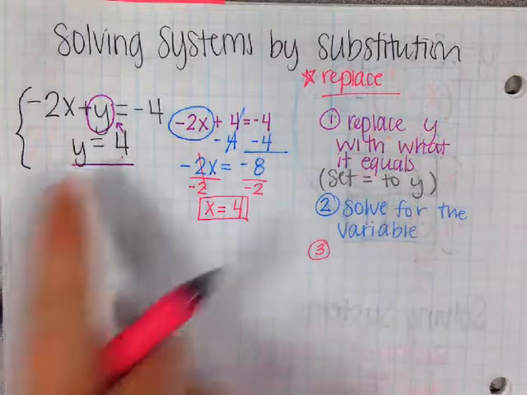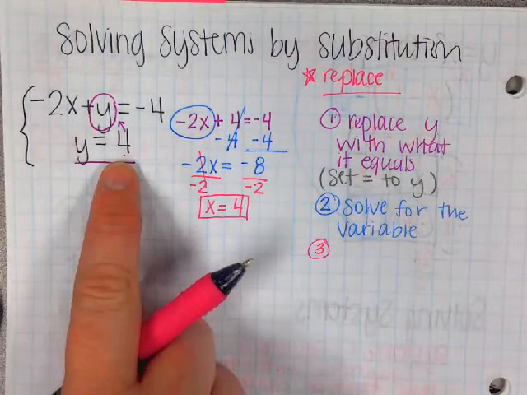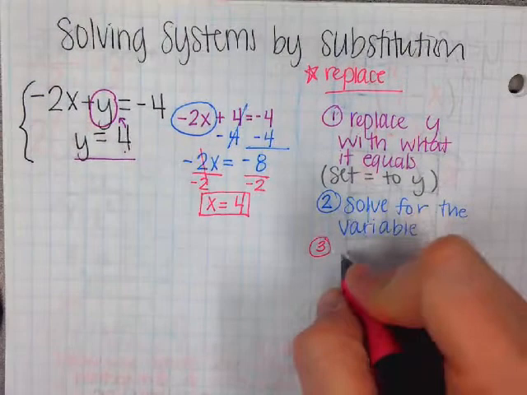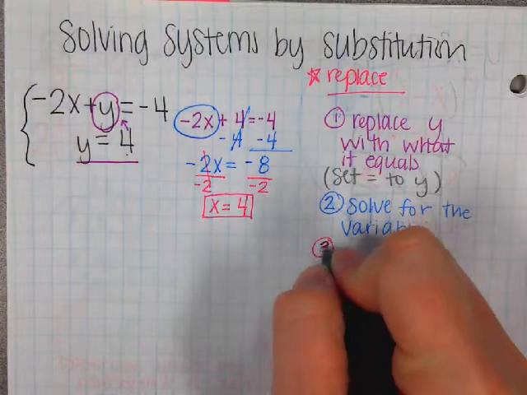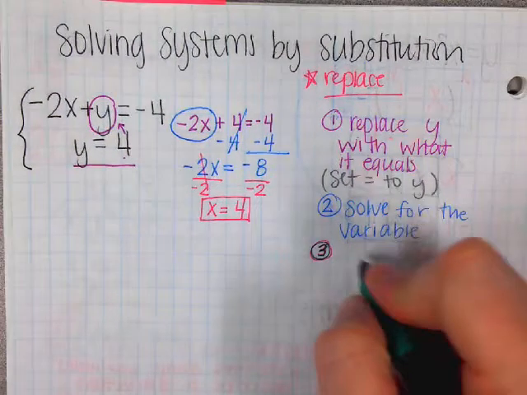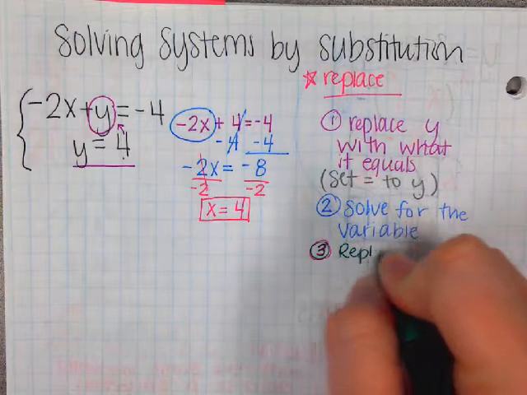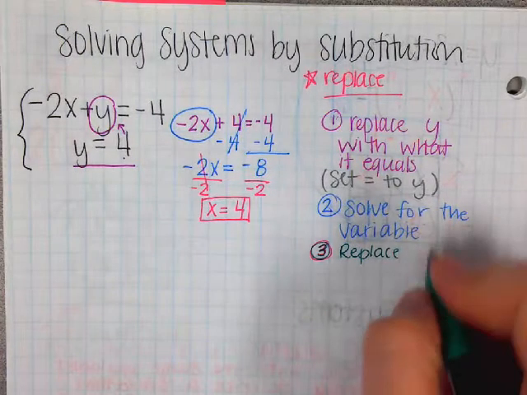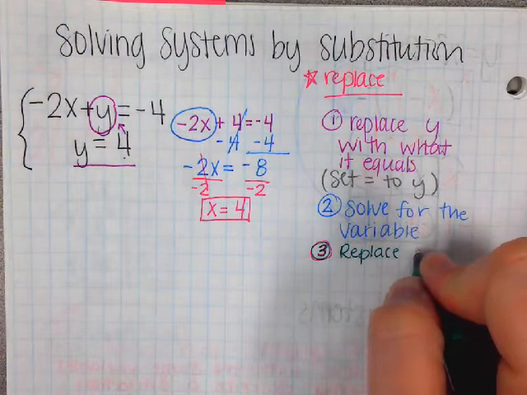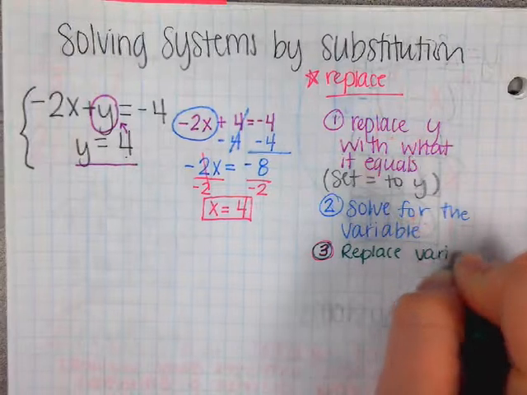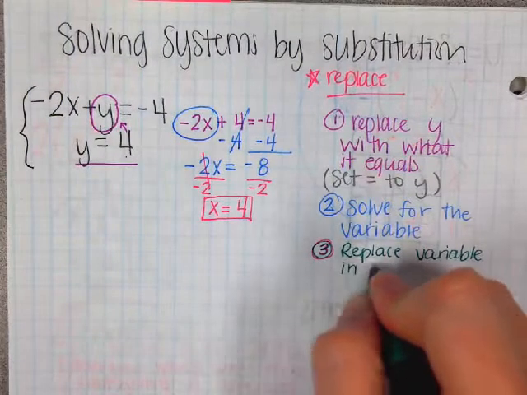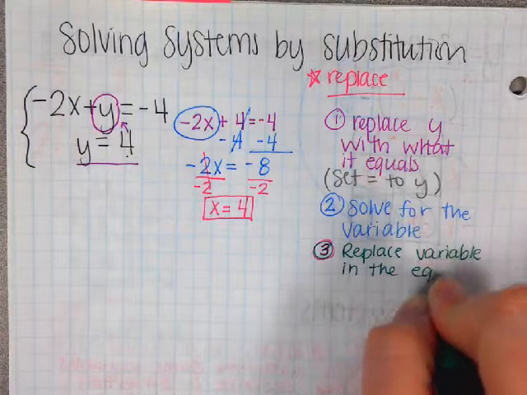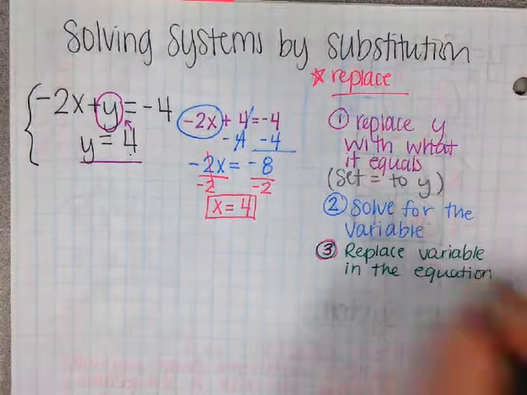So the last step that I want you to write down, and in this case we don't really have to do it because it told us what the y value was, but in most cases you're going to have to, I didn't want to write in pink, sorry. You're going to have to replace or substitute the variable in the equation.